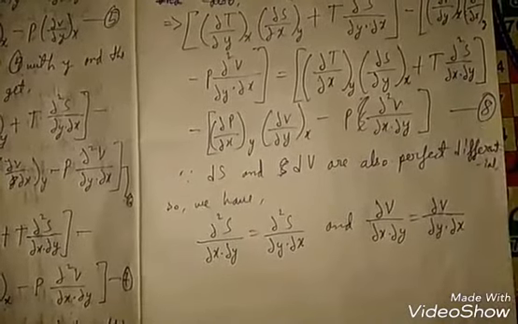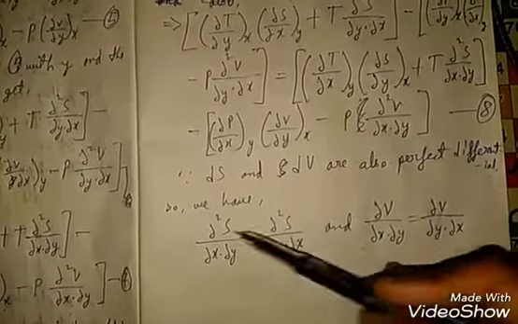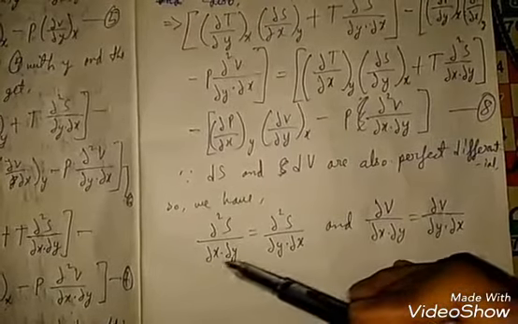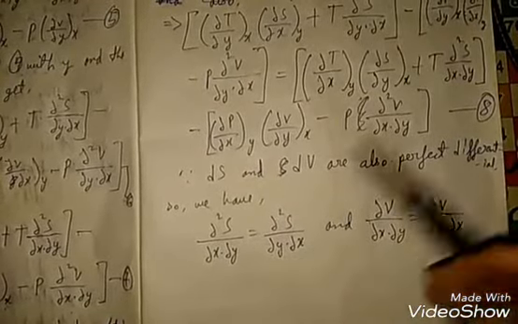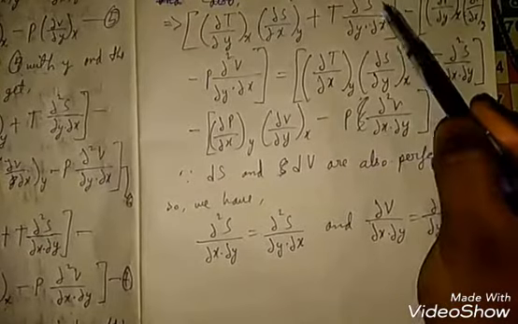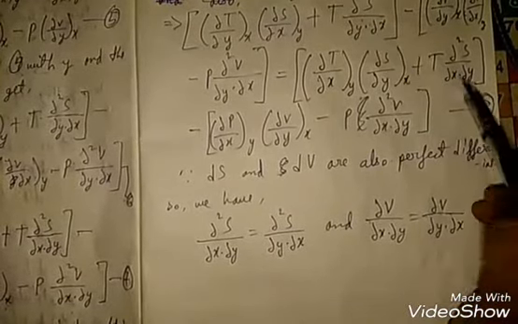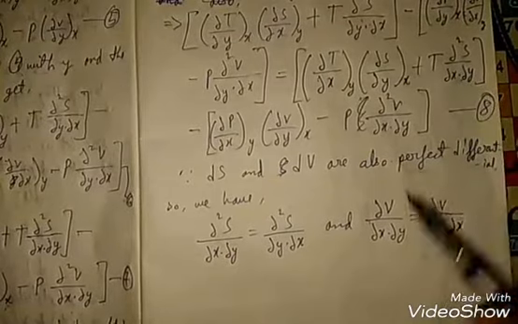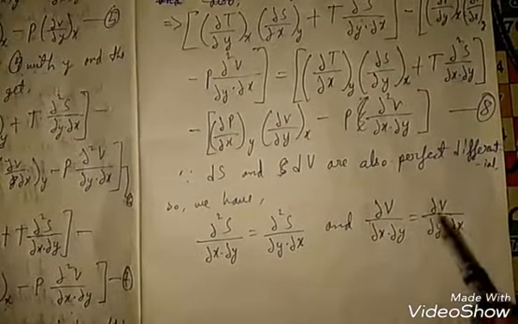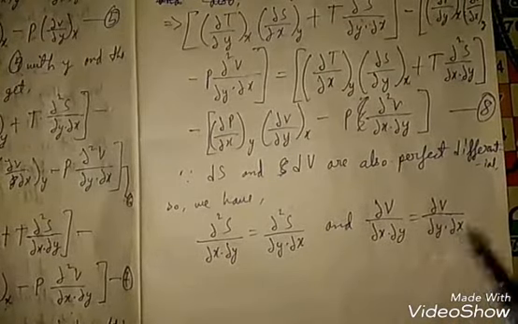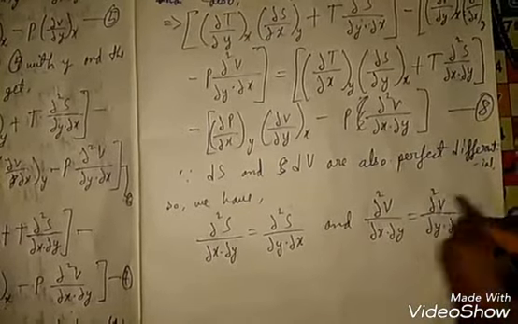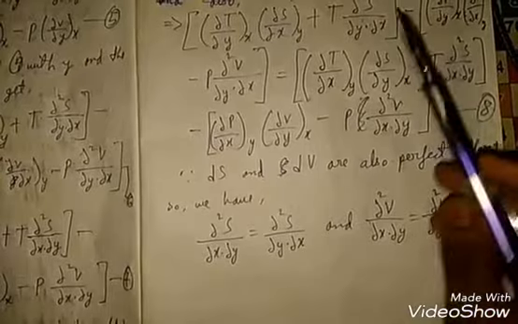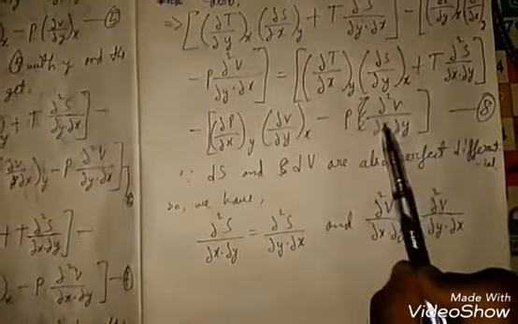In this equation we see that del square s by del x del y is equal to del square s by del y del x, so we can cancel this term with this term, and also del square v by del x del y is equal to del square v by del y del x, so we can cancel this term with this term.